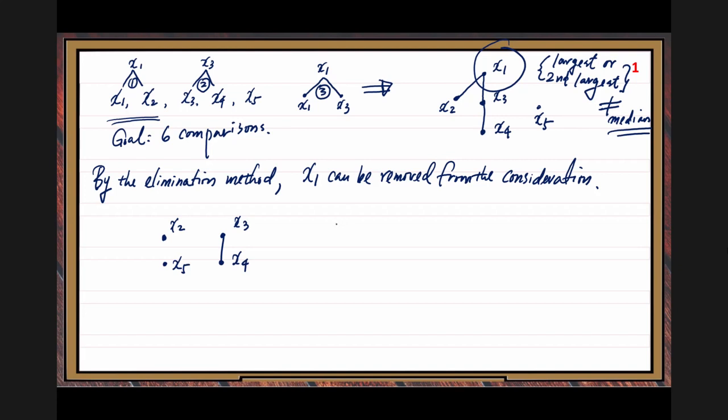How do we interpret the original median? Second largest? Correct. What I mean by original is, because after we remove that one, what would be equal to the second largest in these 4 elements?